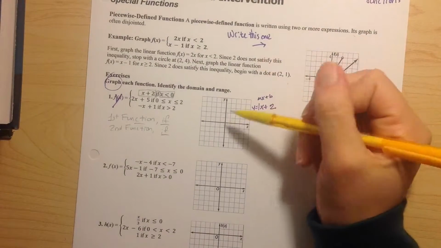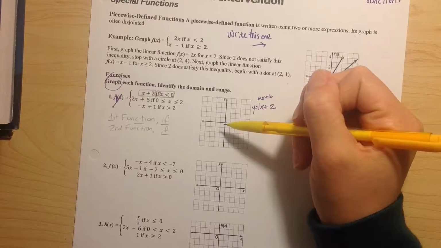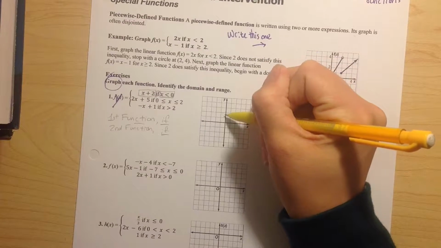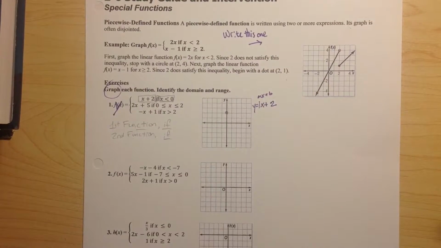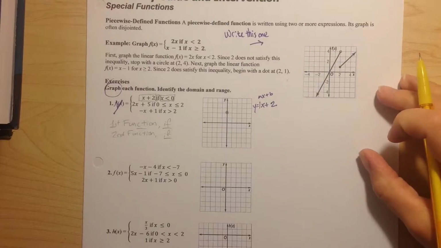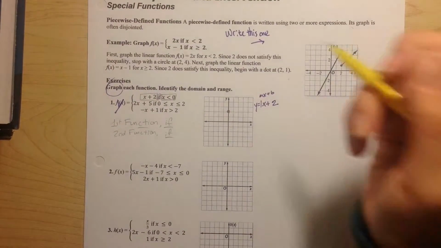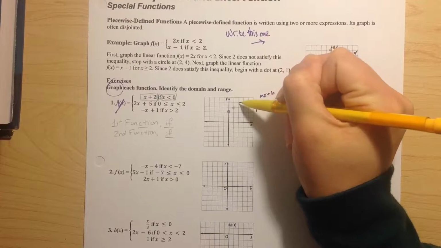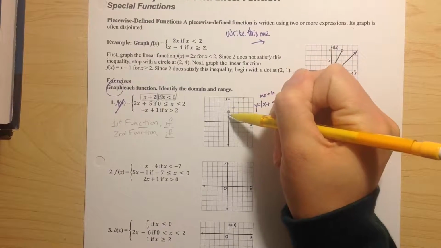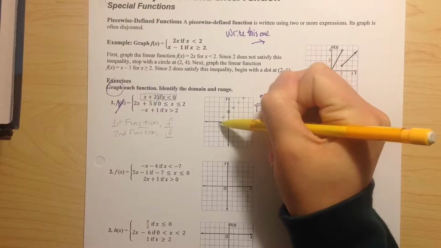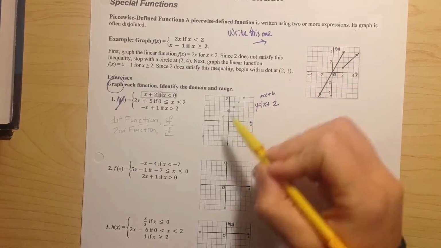I am going to start up at 2, and my slope is 1. So I'm going to go up 1 to the right 1, up 1 to the right 1. I'm going to go as far as this little graph lets me, and I'm also going to go down 1 to the left 1, as far as the little graph lets me. So that's my line.